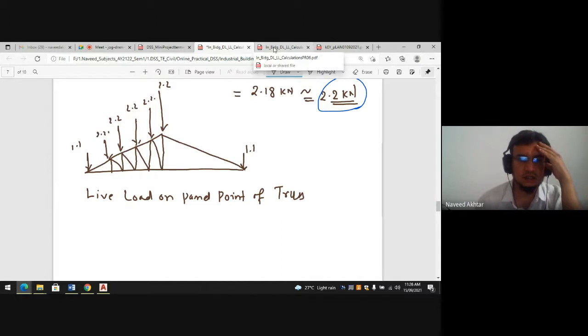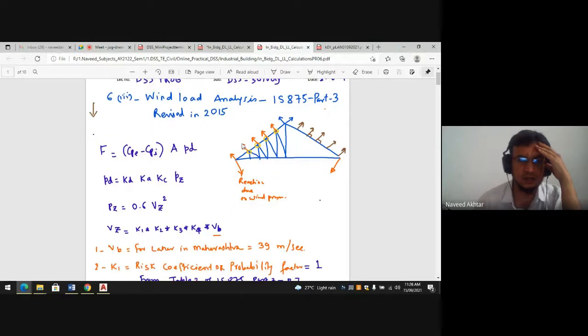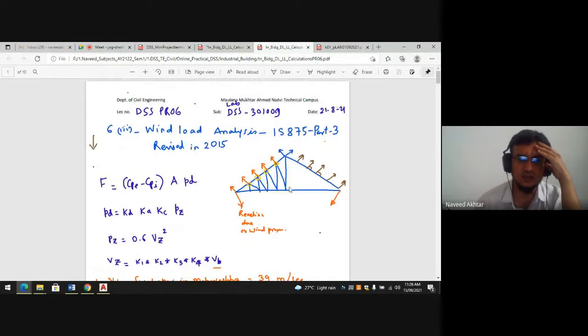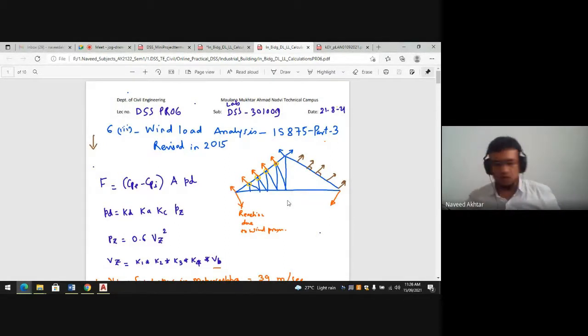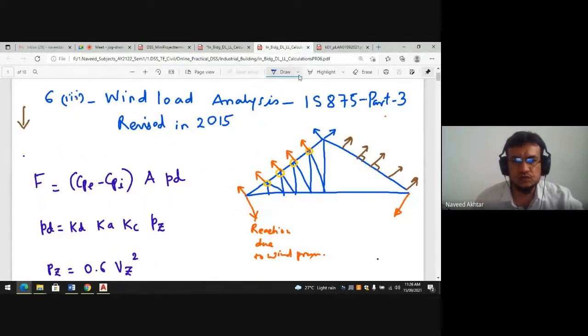Then we have calculated the wind load. Generally it is acting normal to the sheeting, or perpendicular to the sheeting. So this is our slope. It is uplift, it is not gravitational, whereas the dead load and live load are acting downward and are gravity loads.